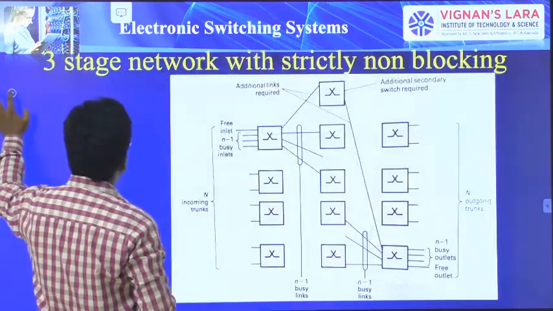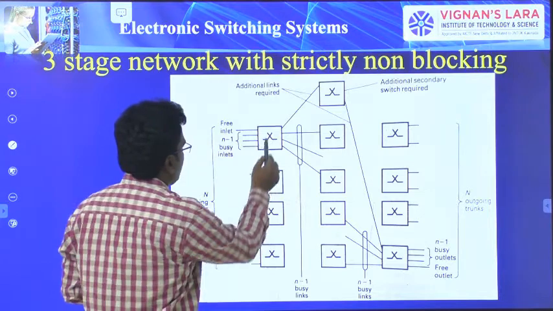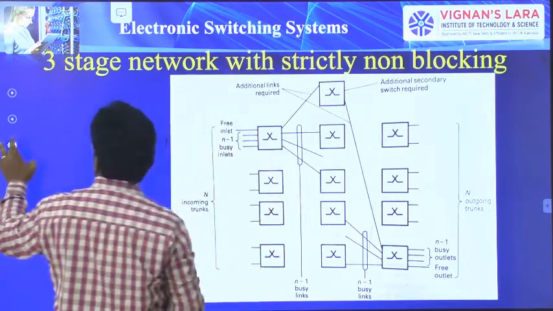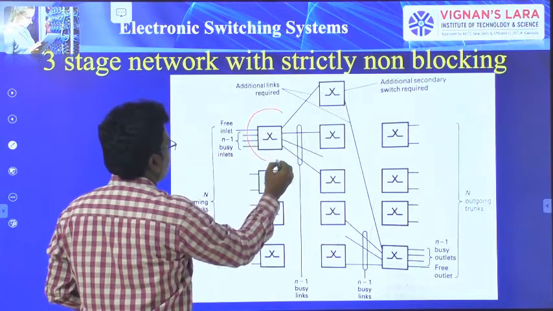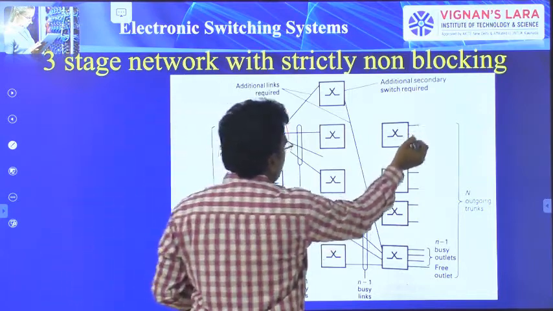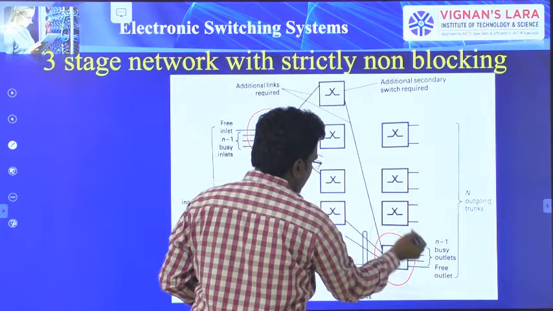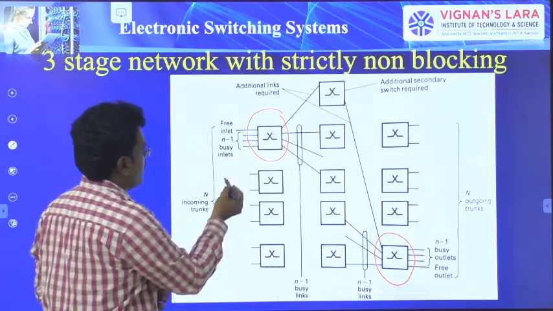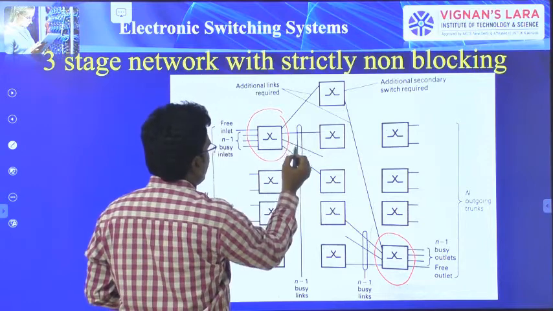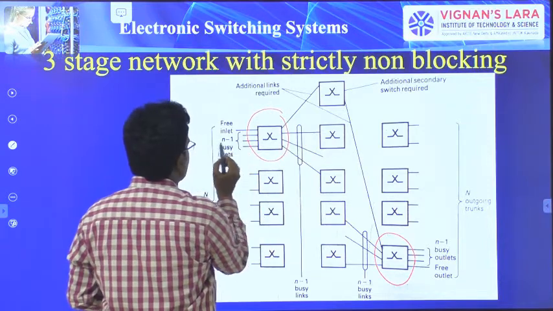This is the diagram. So here, this is your primary switch, and this is the ternary switch I am taking here. So what are they trying to explain here? Out of how many inlets, I can take it as n inlets, right?